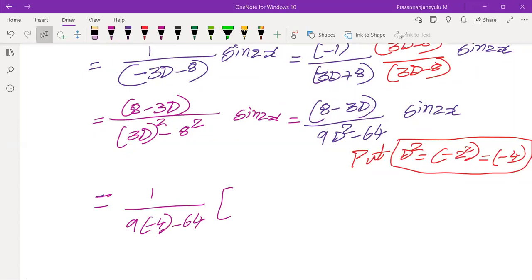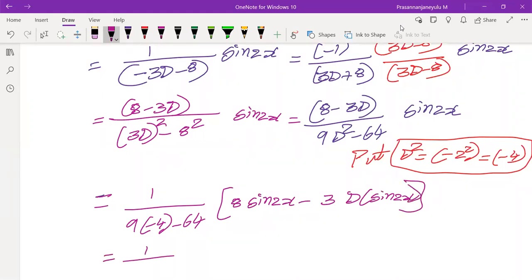So multiplying both terms with sine 2x, it becomes 8 into sine 2x minus 3 into d of sine 2x. Now the denominator: 9 4s are 36. Minus 36 minus 64 is minus 100, the denominator part.